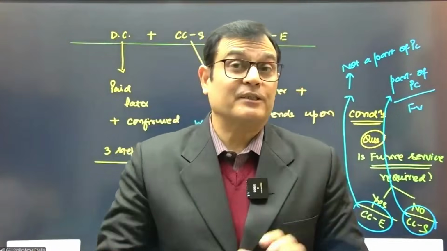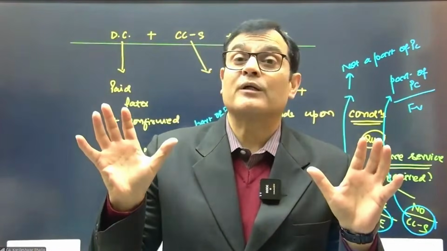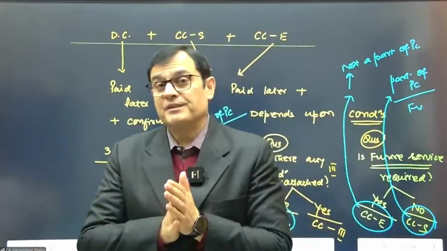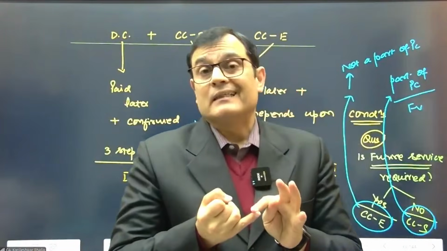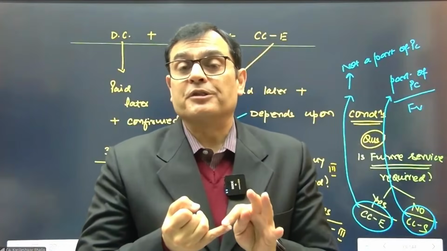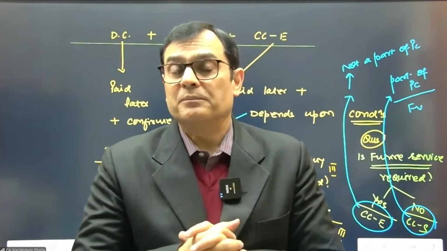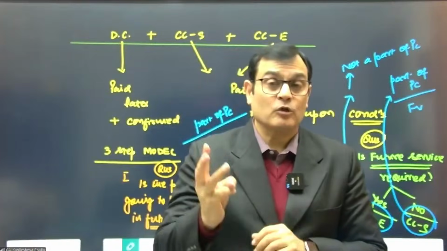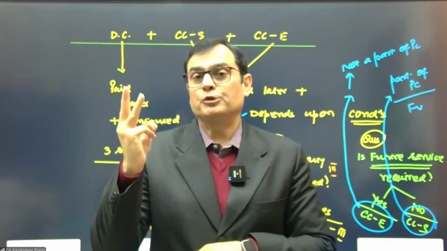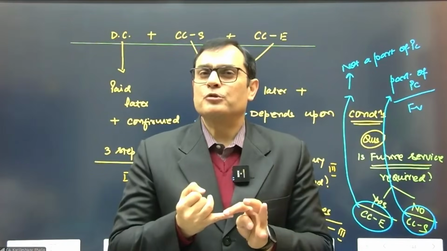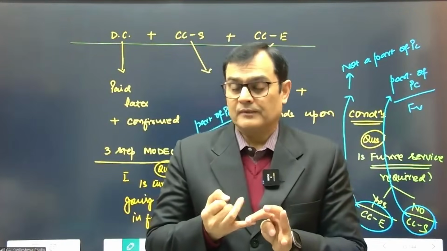Now, let me just connect the dots again and then tell you what is the next agenda. So what we are discussing, friends, is the concept of purchase consideration, where we said that there are 7 issues connected with the PC. And we are focusing on 3 issues right now. Deferred consideration, something which is paid in the future, but it's confirmed.